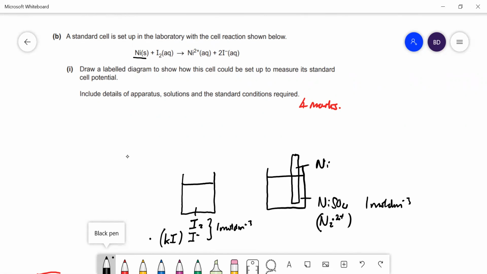Now we are going to need a platinum electrode there because we haven't got any metal, so this is going to be a piece of platinum. And we are going to need a salt bridge here. That's usually filter paper in saturated potassium nitrate. Filter paper soaked in potassium nitrate solution.